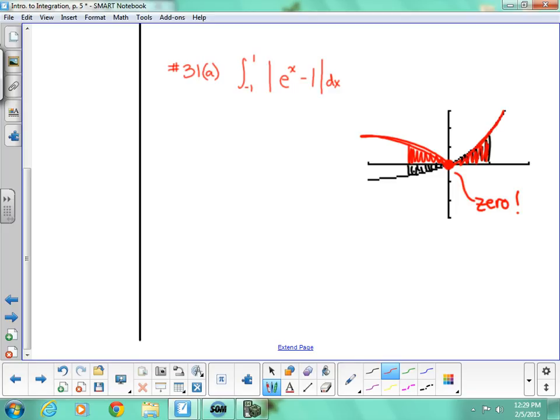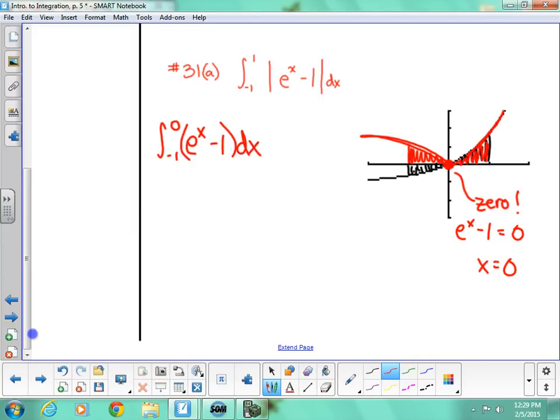If you're doing it in your calculator, there are absolute value bars in your calculator, right? But if you're doing it by hand, you would have to say the 0 of the function, e to the x minus 1 equals 0 at x equals 0. We see it, we'll cheat. But ln of 1 is 0. I'm going to have to split up my integral and say, on one side of that 0, he might be staying the same or he might be changing.